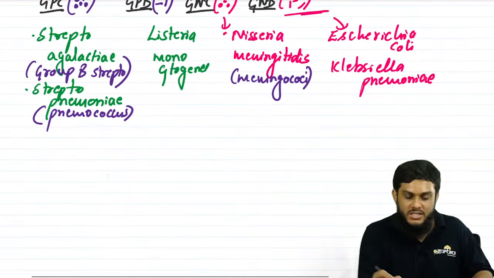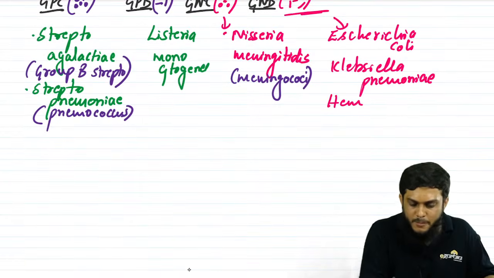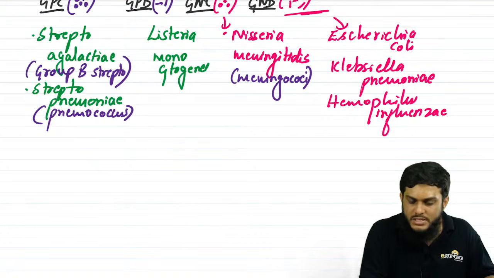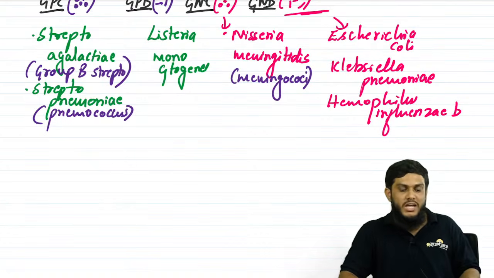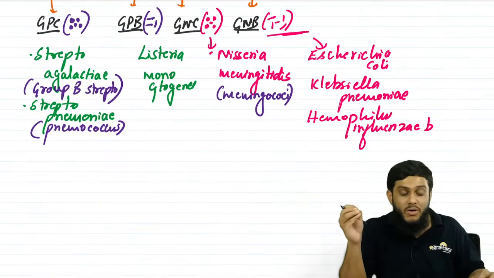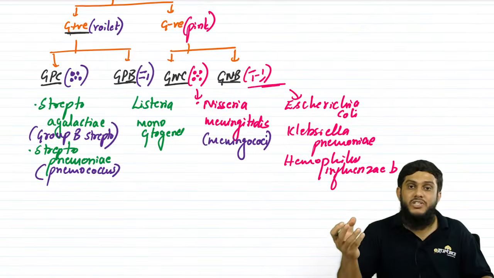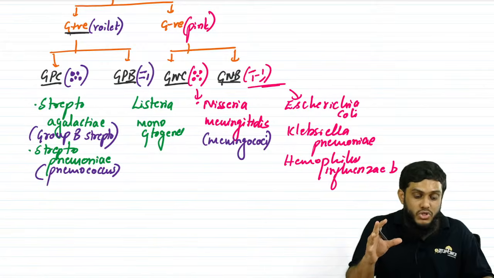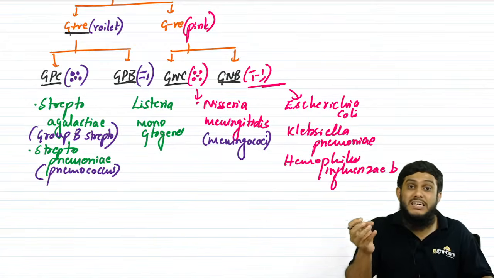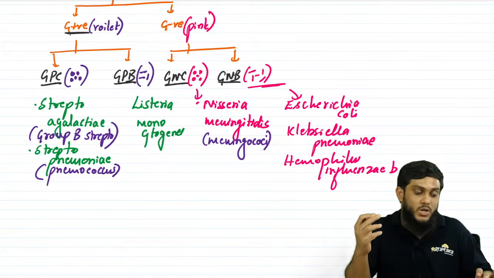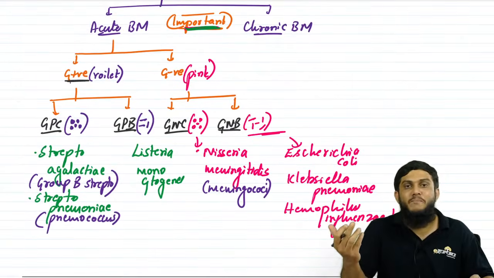And the third one is Haemophilus influenzae B, that is the serotype B. So these are the four important gram-negative bacteria which can cause acute bacterial meningitis. So 3 important gram-positive and 4 important gram-negative. Totally there are 7 important bacteria which can cause acute bacterial meningitis.